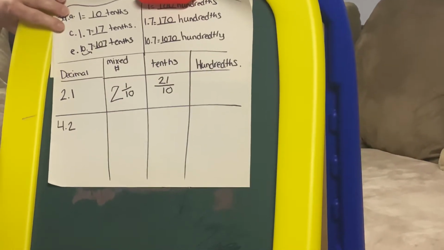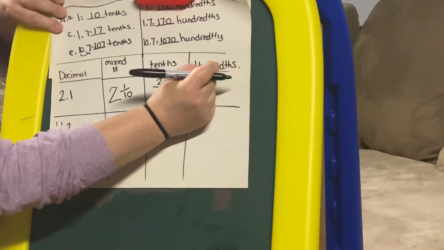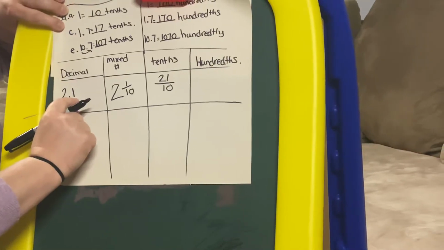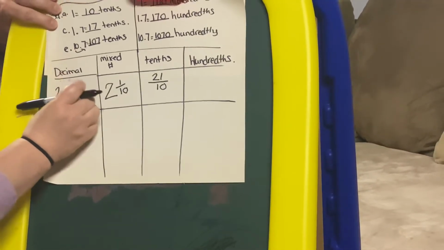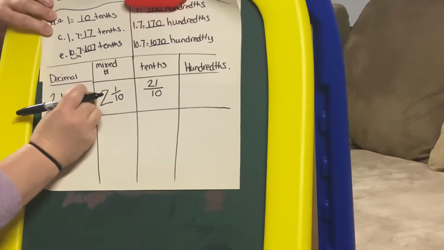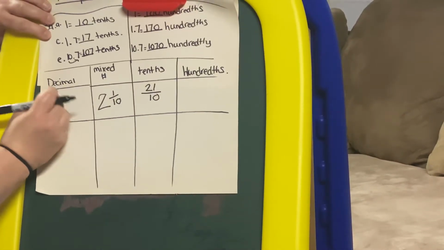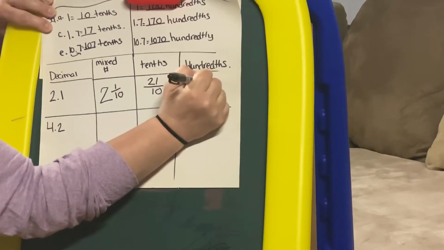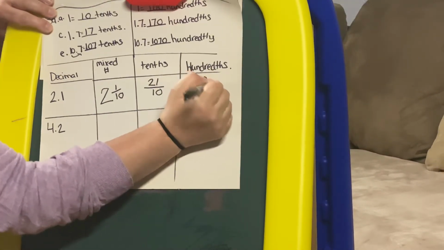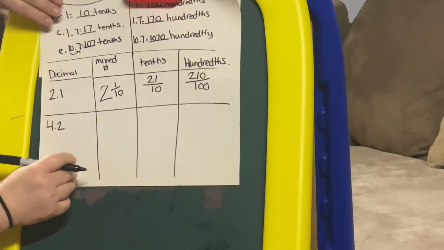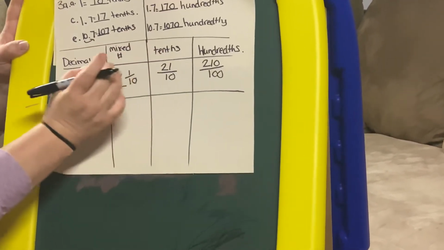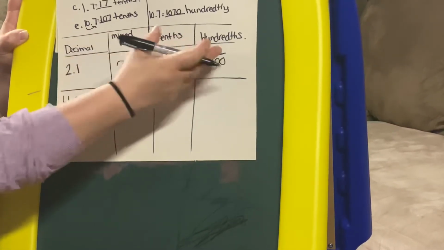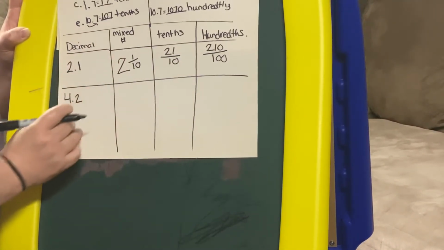Now, if I need to move it to the hundredths position, I have to move this back so that I am moving my tenths back to hundredths and my ones back to the hundredths. So I would have 210 over 100. And remember, this is all times 10 and movement within the place value chart. So you would move everything back times 10. So you could show this as a drawing if you would like to.